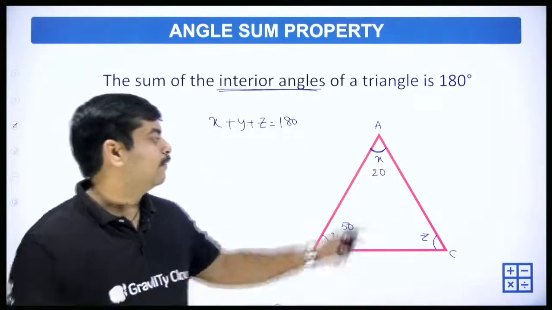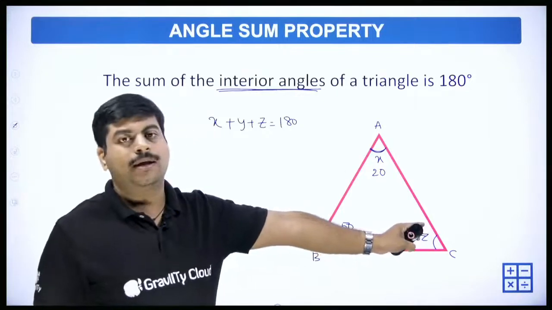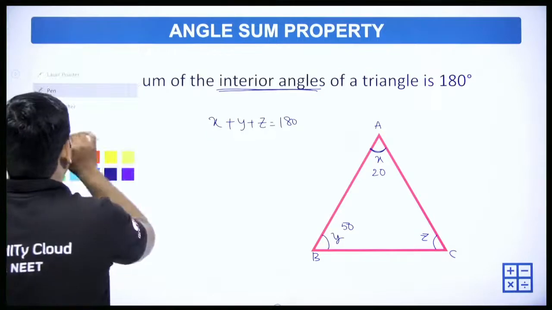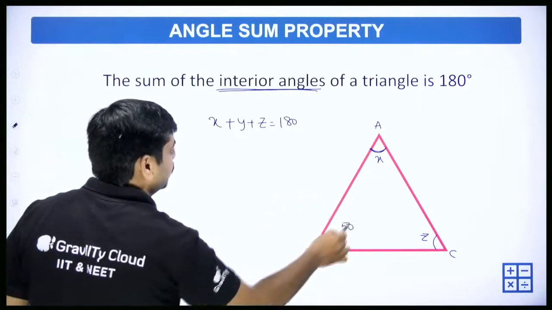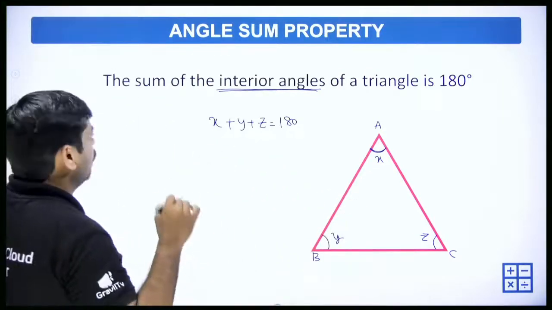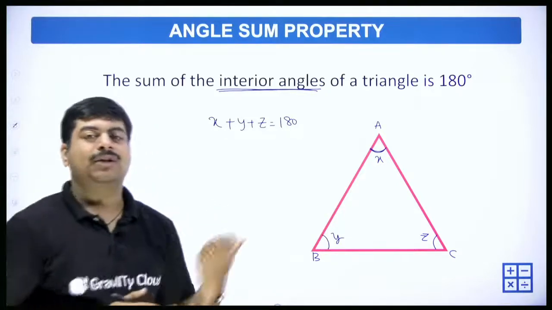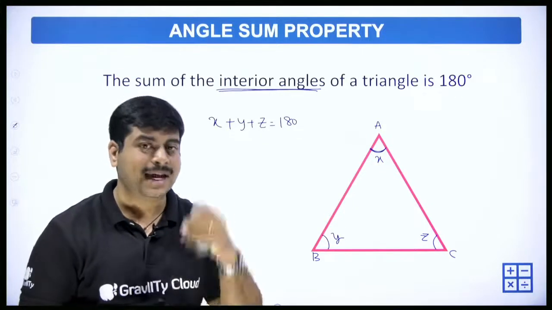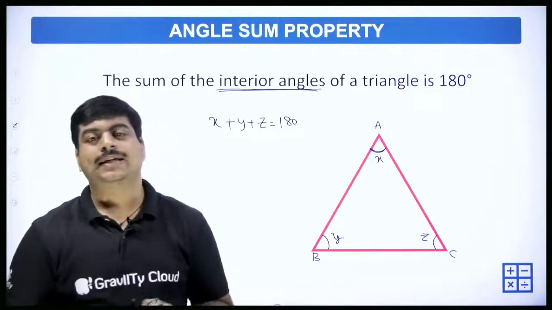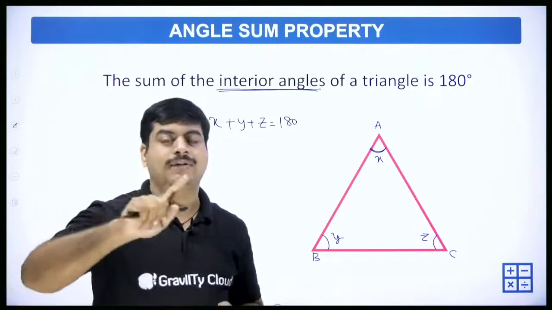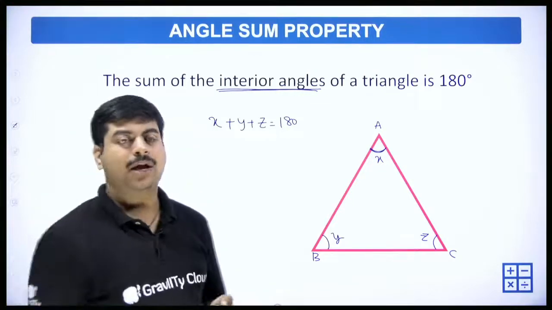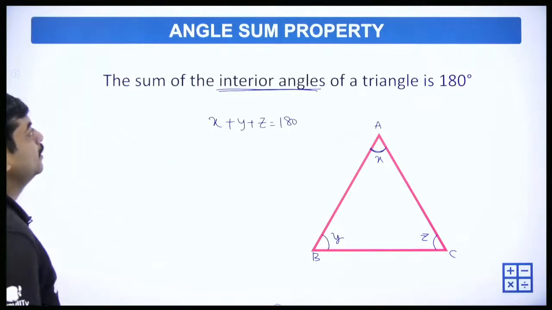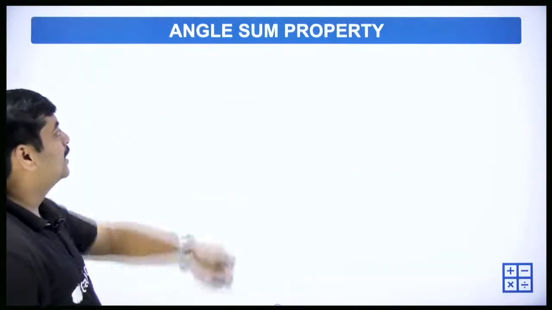When two angles are given, we can bring the third angle, because the sum of all the angles is 180 degrees. Based on that, we can say acute angles, obtuse angles, right angle triangle. Right angle means one of the angles should be 90 degrees. Obtuse means one of the angles should be greater than 90. So that's the first property behind the triangles, which is angle sum property.